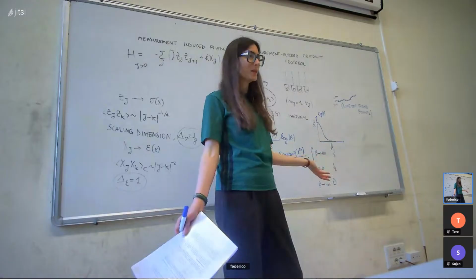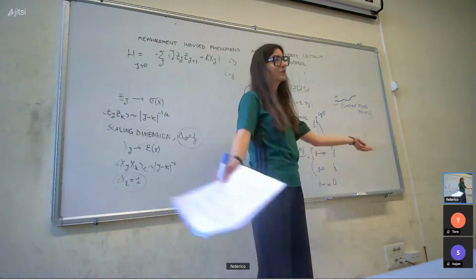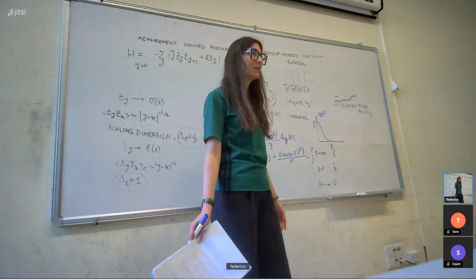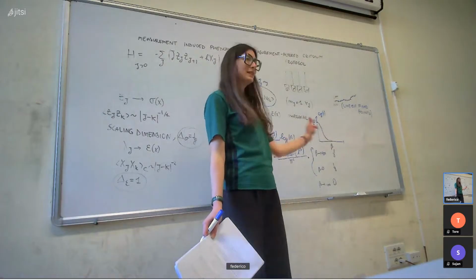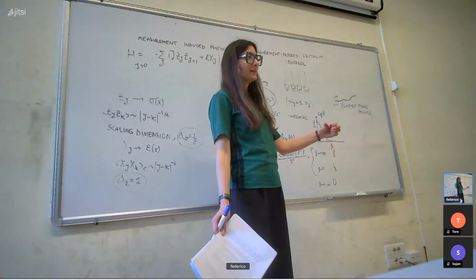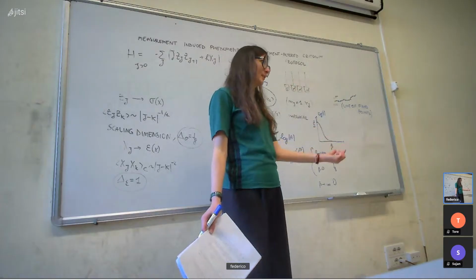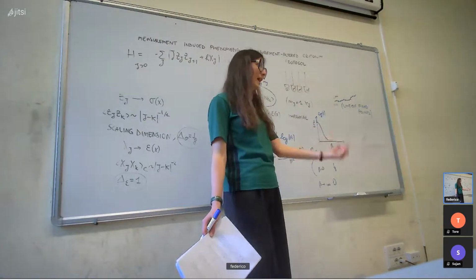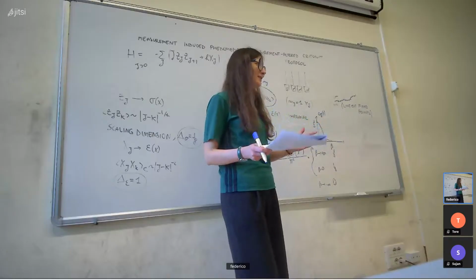Because for a product state, you can expect the correlation function to be zero. And this is an example of a case where taking the thermodynamic limit first and the beta limit after matters.